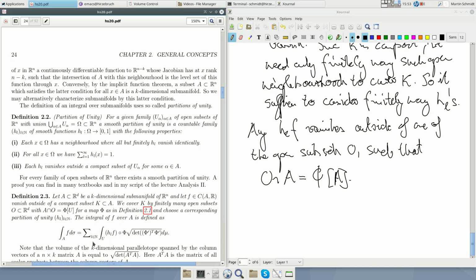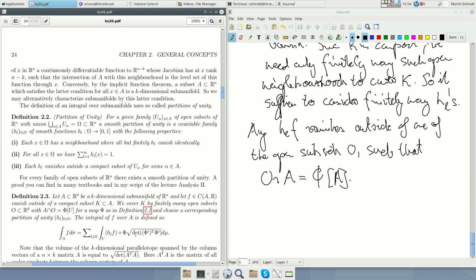Okay, so for any such member, we take the corresponding map phi, O, and U. So in this formula, one should consider that the U also depends on L, of course.